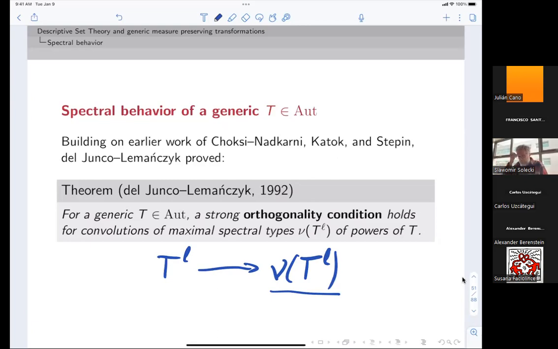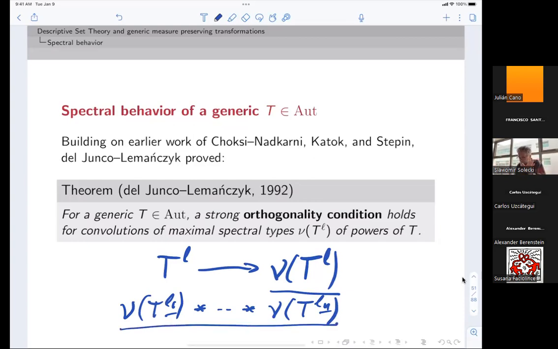And then what they proved is that there is a multiplication of measures called convolution that comes from the multiplication on the circle. And one can also take convolutions of these measures. So never mind what it is, it's some type of multiplication of the measures. One can take one sequence of powers, look at their spectral types, and take the convolution. And another sequence of powers, L1 through Ln, and then L1 prime through Ln prime, and do the same.